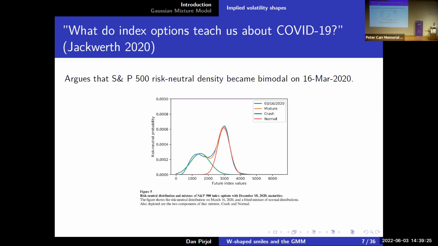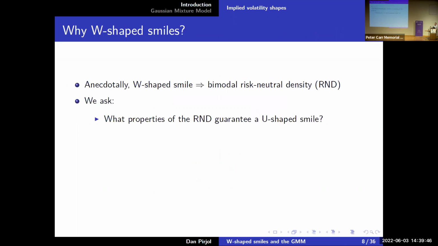That will be the orange or the red peak. Again, a bimodal distribution. The sum gives a bimodal risk neutral density. So this is observed from index options on S&P 500 with maturity December 2020. Okay, so there's this idea that W-shaped smiles or at the money concavity reflects a bimodal risk neutral density.